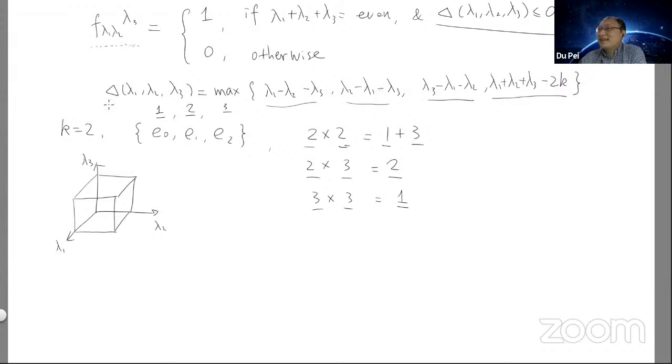And the condition that this function delta is smaller or equal to 0 is saying that the fusion coefficient is only non-zero if you are in the interior or on the boundary of this tetrahedron.